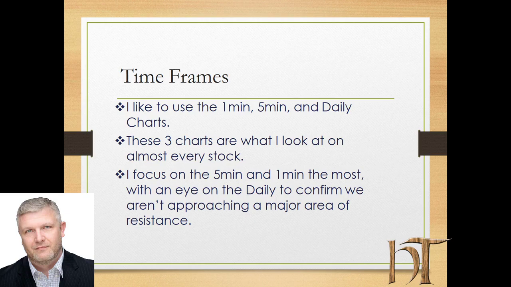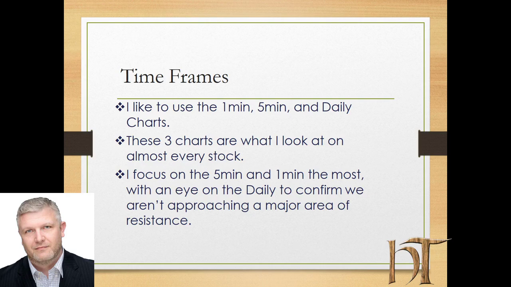Now, I'm not trading off the 60 minute or the daily, but I am trading the 1 and 5. I'm trading mostly the 1 minute, and I underpin that with the 5. I've only really started using the 60 minute over the last few months, but what's most important is the 1 minute, 5 minute, and daily.